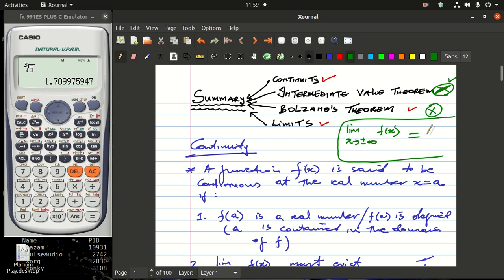Now, the only thing we did not talk about is what will happen if we keep increasing x all the way to big positive numbers or big negative numbers. What will be the behavior of the function as we keep increasing x?